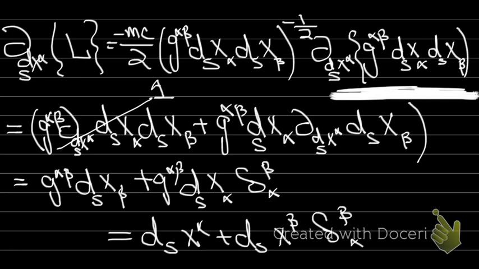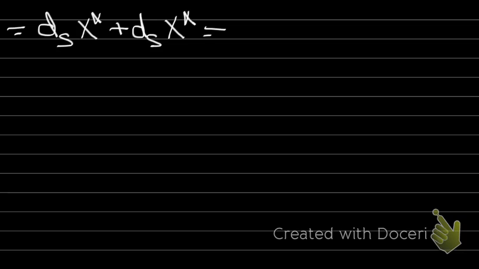So now let's apply this delta function as well, and finally simplify this equation, and we would get the derivative with respect to s of x alpha plus the derivative with respect to s of x alpha, right? So all I have done is applied that Kronecker delta, and we got this thing, right? And so what is this? This is obviously equal to 2 times the derivative with respect to s of x alpha.